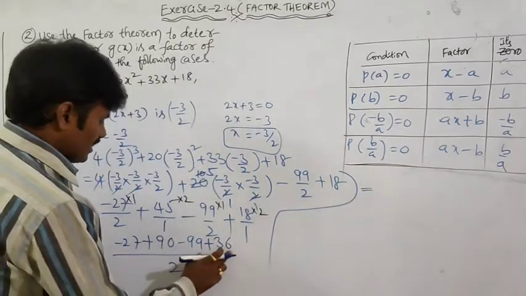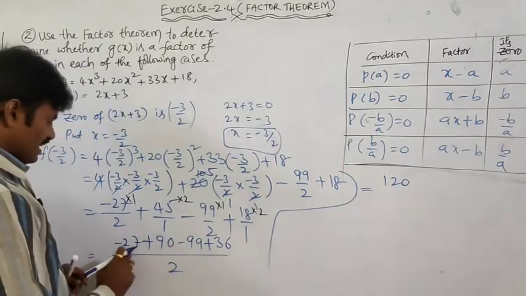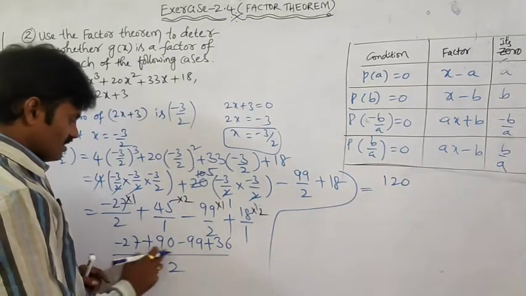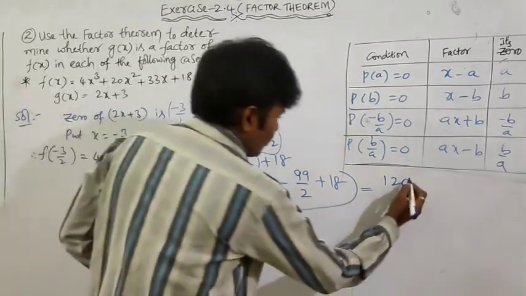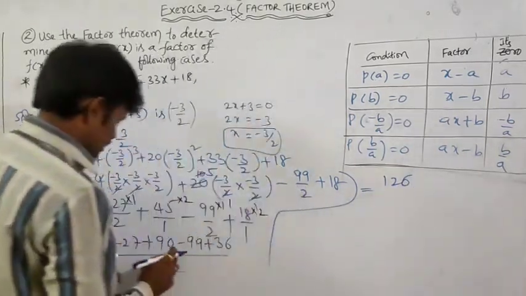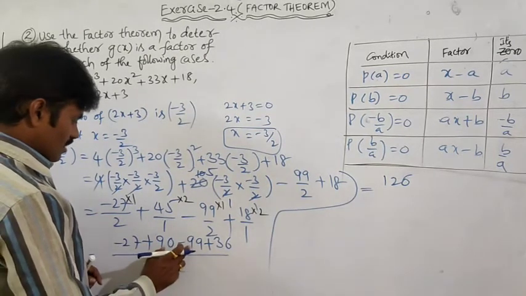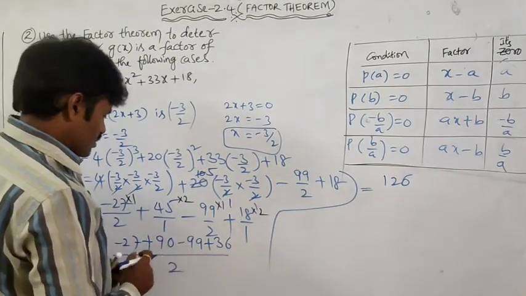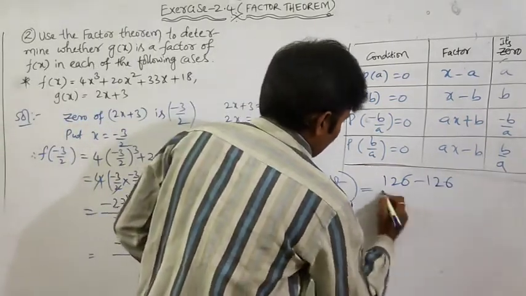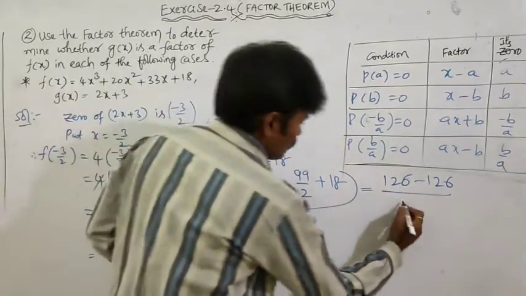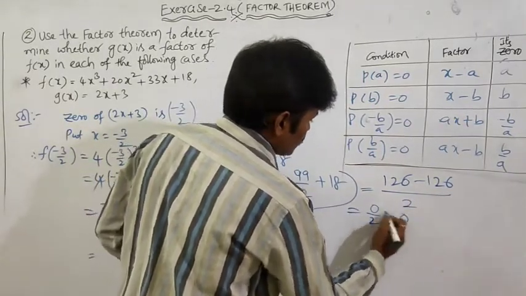Plus 90 plus 36, I am sorry, that is 126. Minus 99 minus 27 gives us minus 126, by the denominator 2. So 126 minus 126 how much? 0 by 2, that is equal to 0.